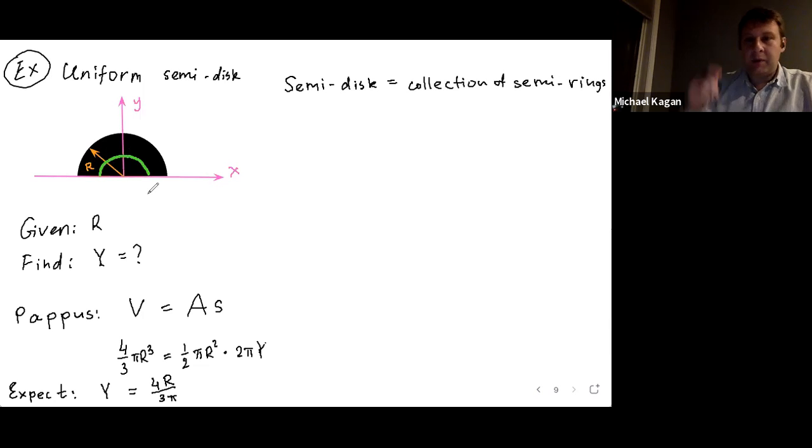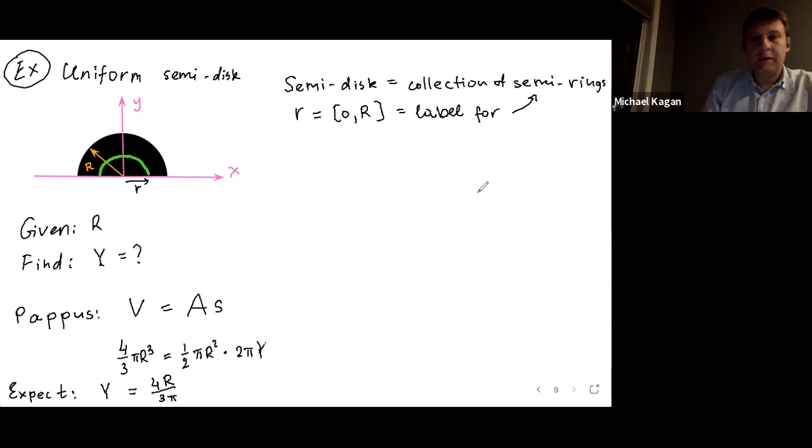Like in the previous problem, we put the angle as the label, right? Because each angle specifies uniquely the point on the ring. And in here, the straightforward way to label the semi-rings is to use their radius, r, okay? So r ranges from 0 to big R.